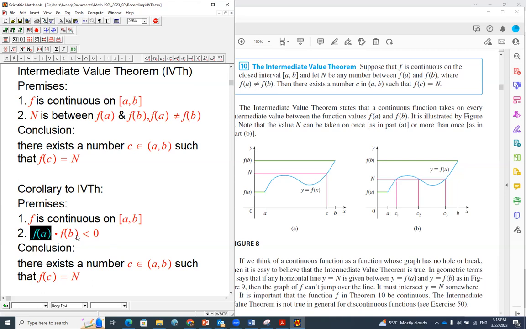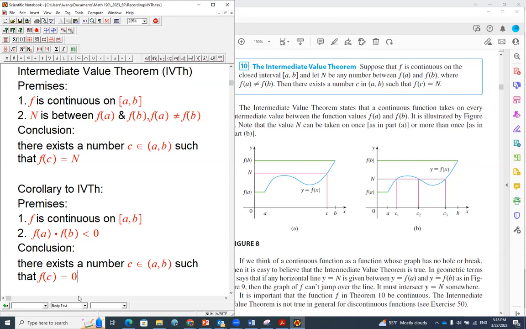So these two numbers are opposite in sign. So of course, f of A and f of B are not the same, and between these two numbers that are opposite in sign, there's the number 0. The theorem already guarantees that for any n you pick, there's a c such that f of c equals n, and now we pick n equals 0.